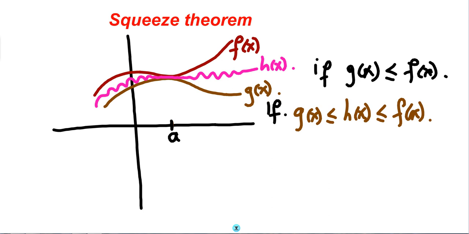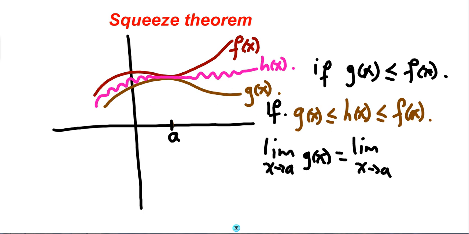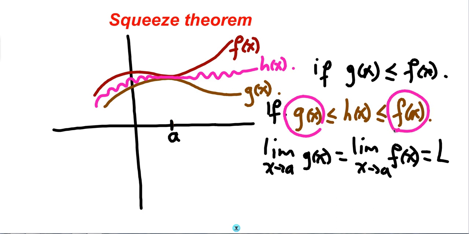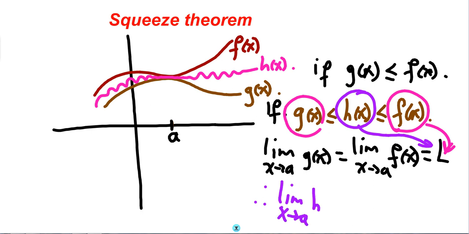If the limit as x approaches a of g of x is equal to the limit as x approaches a of f of x, which equals L, it means that the limit of the function in between them, the limit of h, should also be equal to L. So if this, then the limit as x approaches a of h of x should also be equal to L. So that is the squeeze theorem.